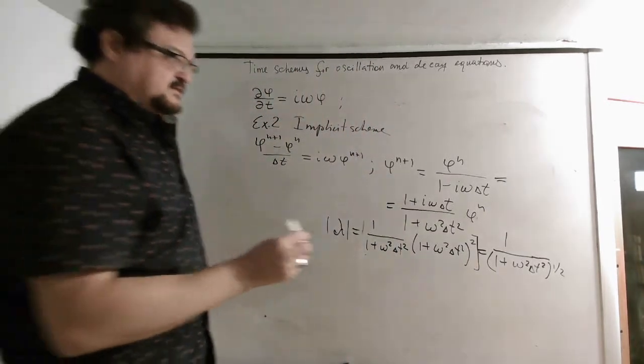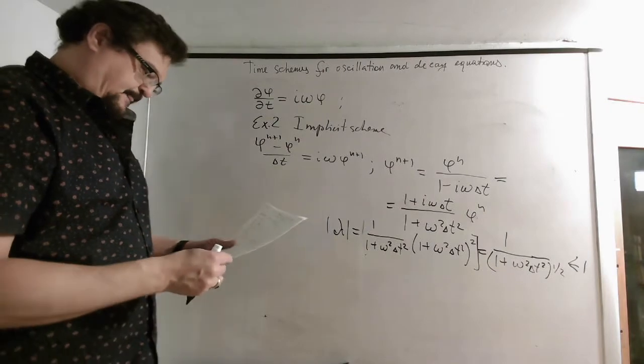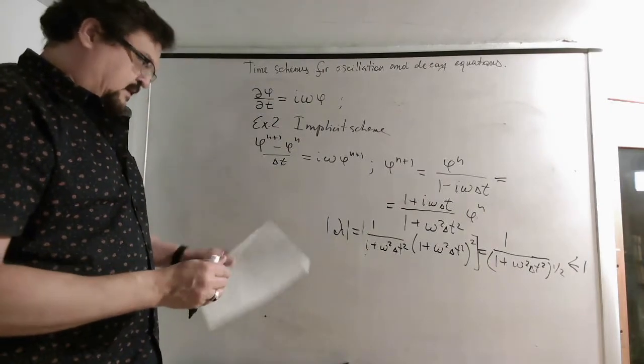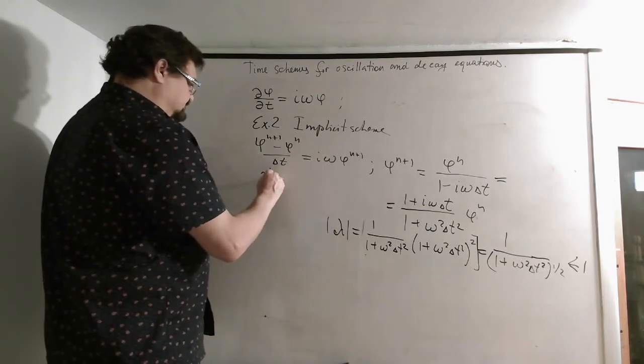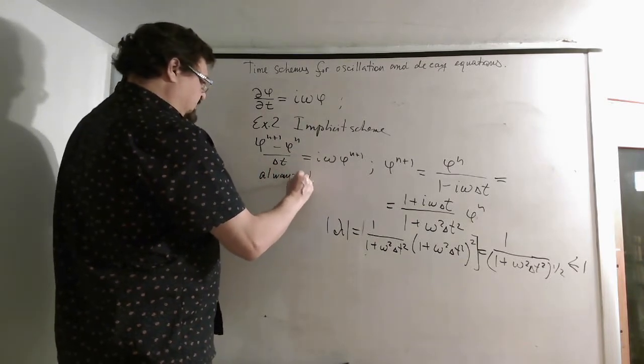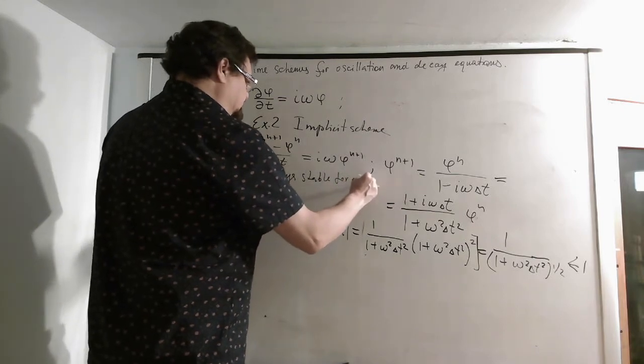And it's obviously for any delta t smaller or equal than 1. So it's always stable. Stable for any delta t.